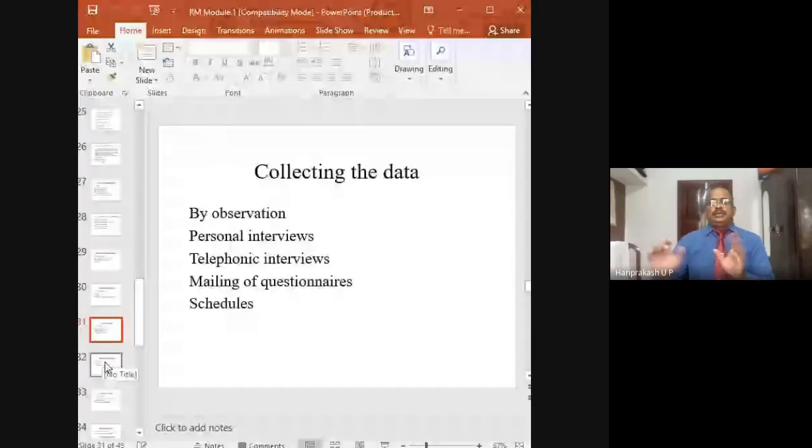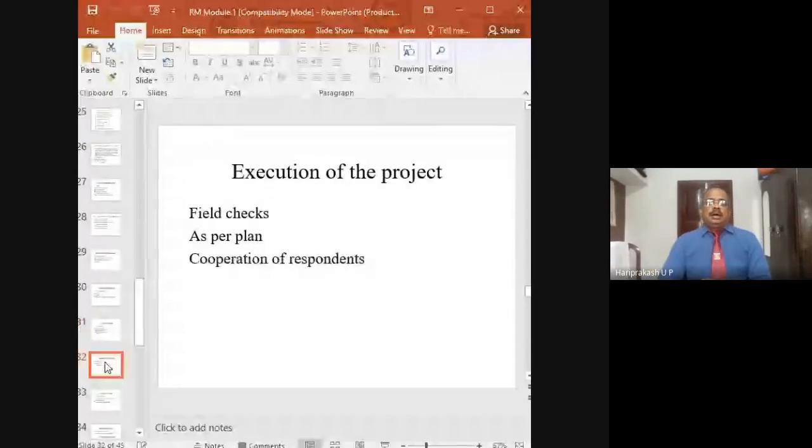So that is the next step of research. After collecting data, there is execution of the project, field checks: visit the places where you want to collect the data. As per the plan, you have to do the survey or data collection.